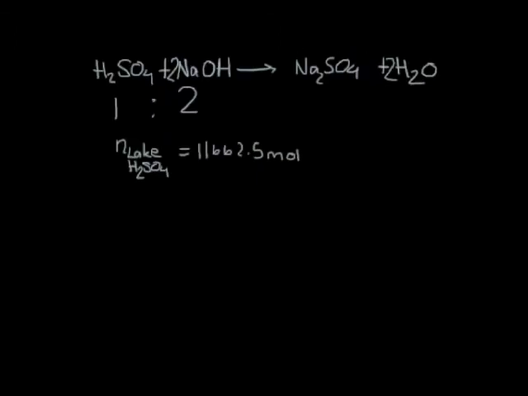Alright, so having a look back at how this relates to our formula. We've said that the number of moles of H2SO4 in the lake is 11,662.5, and we want to know how much sodium hydroxide we need to neutralise it. So having a look, we need twice as many moles of sodium hydroxide to neutralise this. So we're actually going to need 2 times the number of moles of H2SO4.